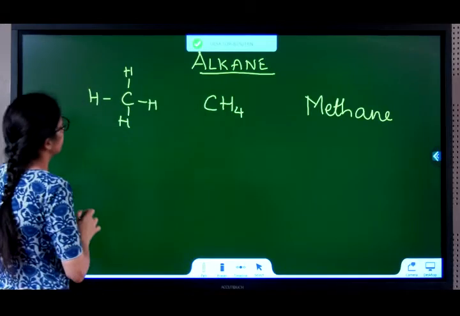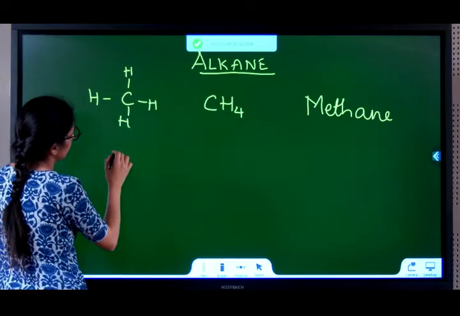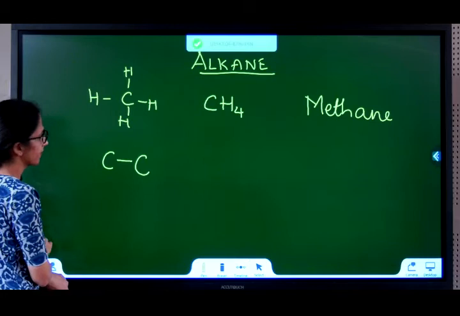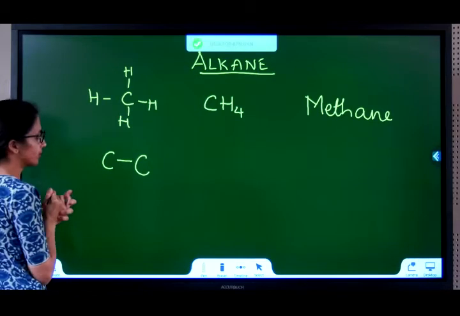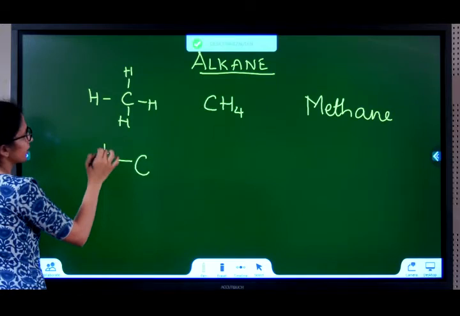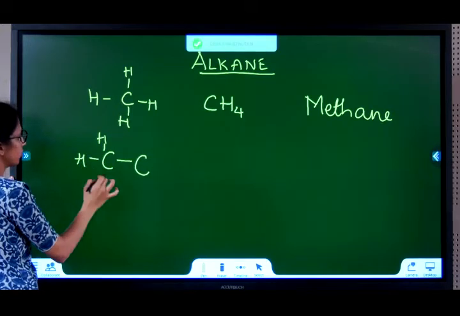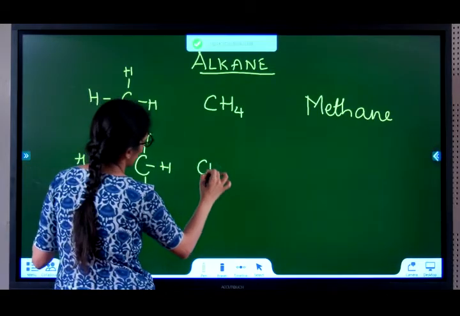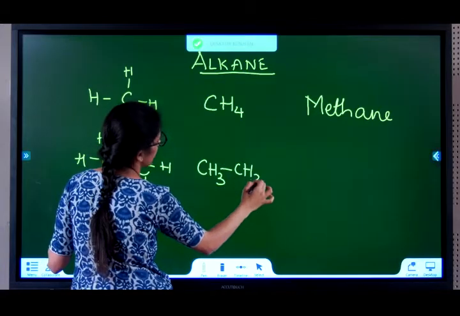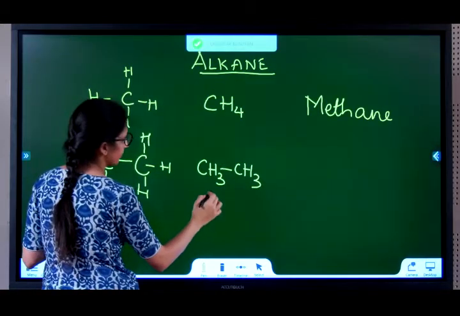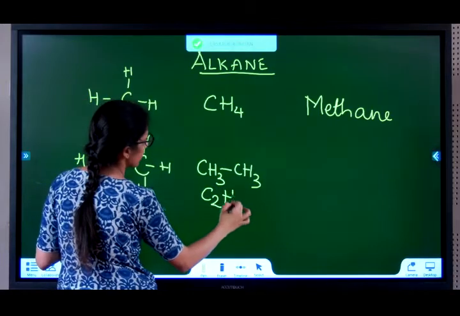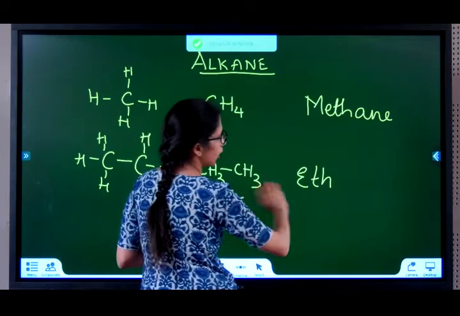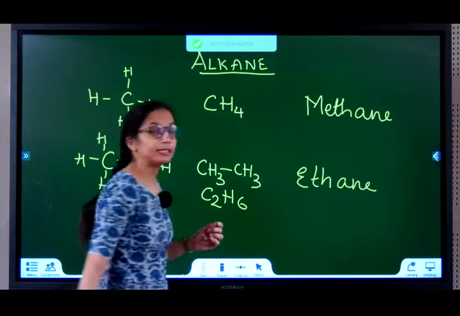Okay. Next. Carbon, carbon, 2 carbons. They are bonded with a single bond. Put the remaining hydrogens. It needs 3 more. 1 occupied, 2, 3. CH3 bonded with 1 more CH3. If you combine everything, the formula C2H6. 2 carbon atoms, eth, all are single bonds, comes A-N-E, ethane.